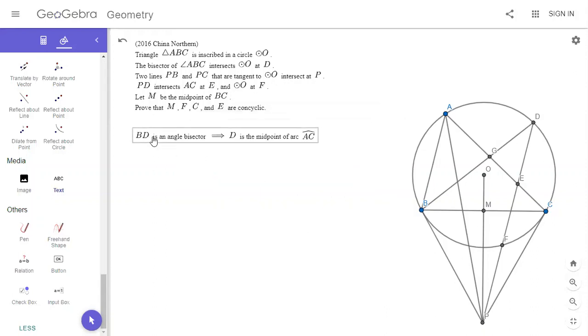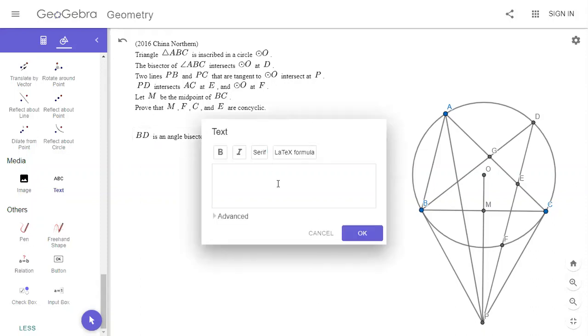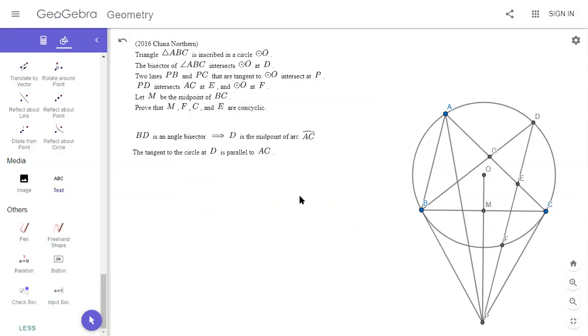All right, and so that means that the tangent to the circle at B is parallel to AC. And so now we can do our projection.